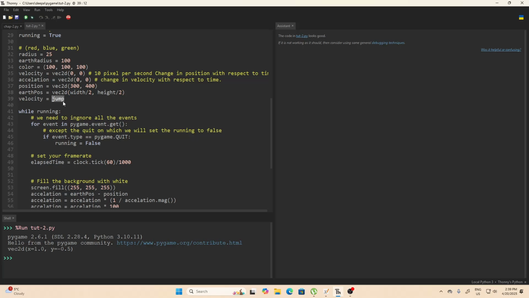The velocity is, let's say, rocket. We just want the velocity to be going up, I guess. Up is which direction? Minus 100. Okay.